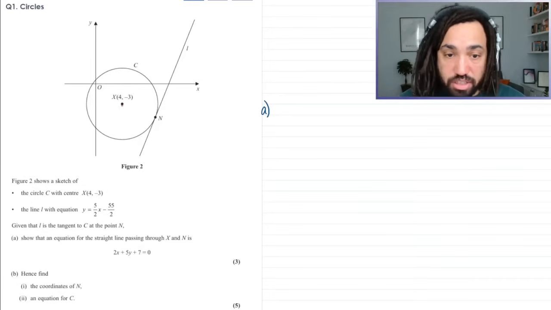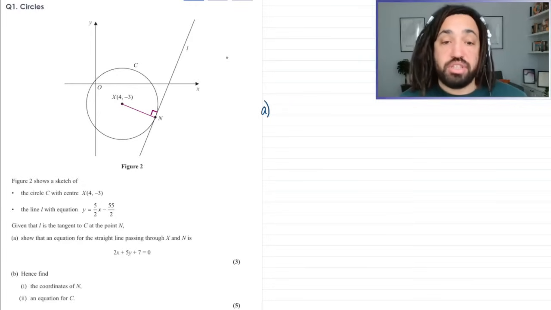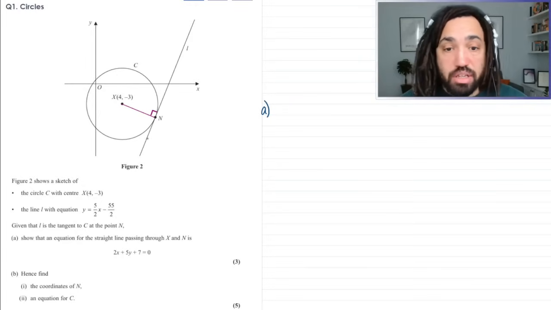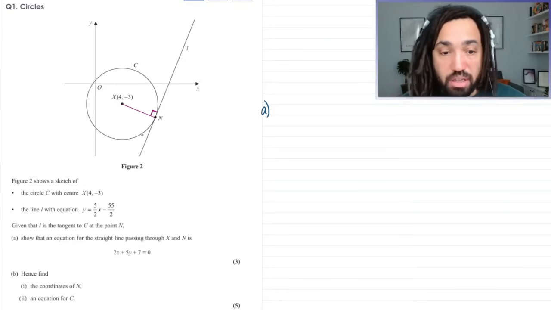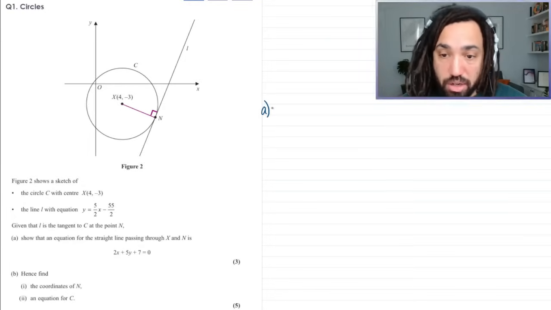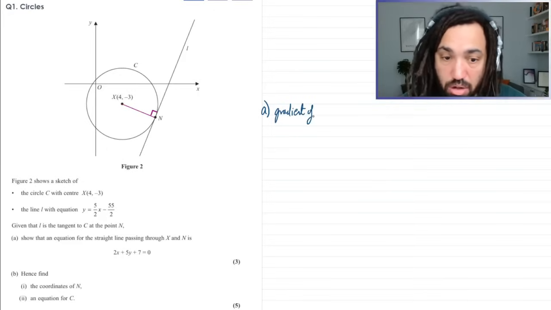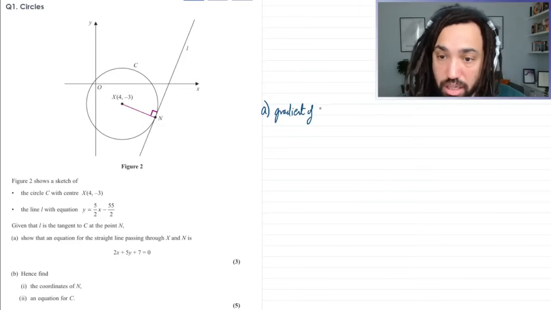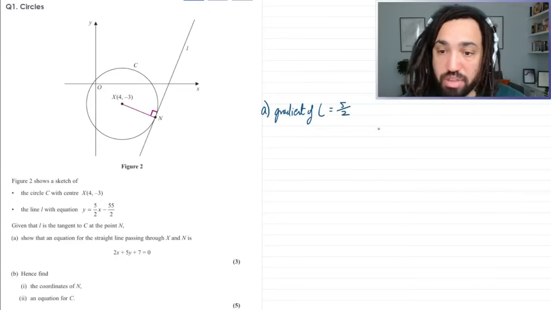Okay, well that's fine. So this straight line here we know is at 90 degrees to the tangent, as per the circle theorem. So these two lines are going to be perpendicular. So we know that the gradient of the line L is equal to 5 over 2 because it's in y equals mx plus c form.